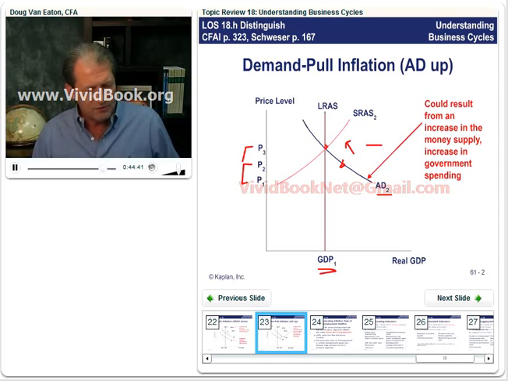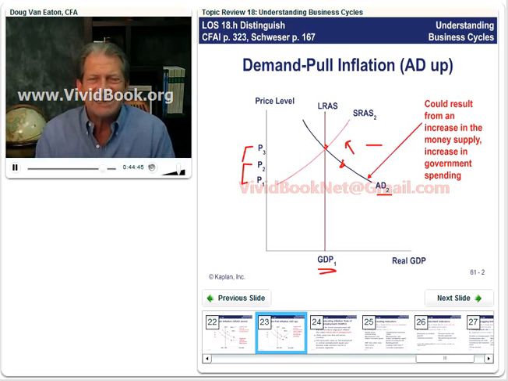Now, we call that full employment or potential real GDP because we cannot get past there just by fooling around with stuff. Remember that long-run aggregate supply depends on the availability of labor, capital, and technology in the economy. So we're not going to change that just by fooling with the money supply, fooling with interest rates, or having the government spend more money and tax us some more.